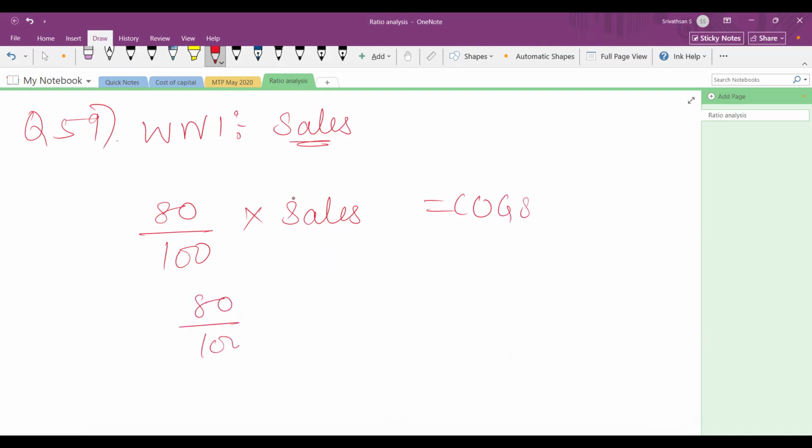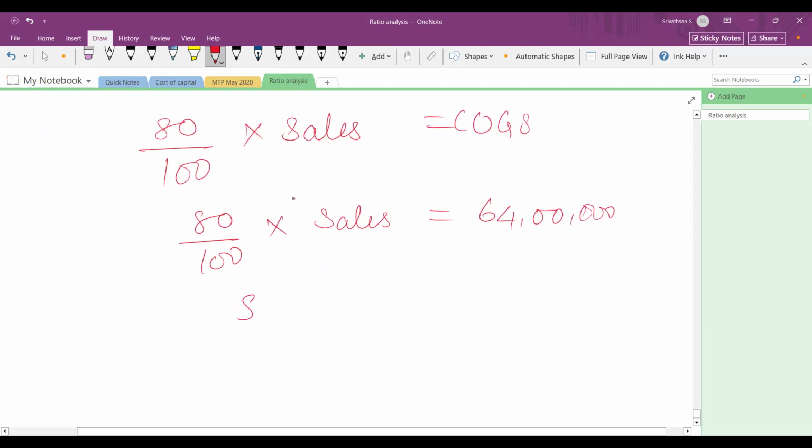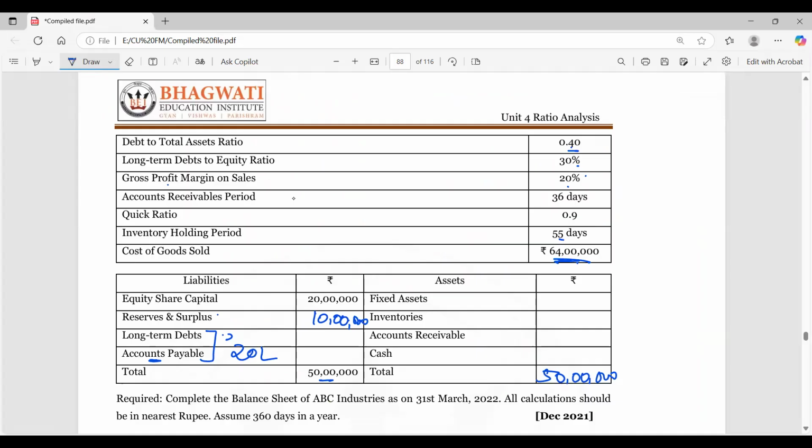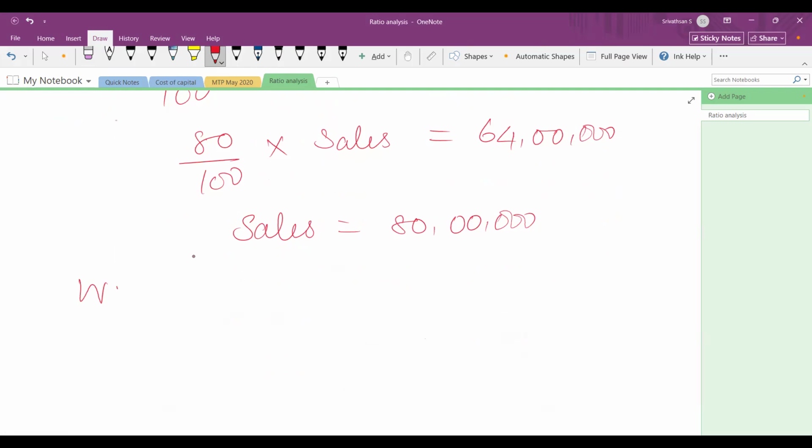So 80 by 100 into sales is equal to COGS, which is 64 lakhs. So what is the amount of sales? Clear? So now working note number 2, we can calculate receivables.